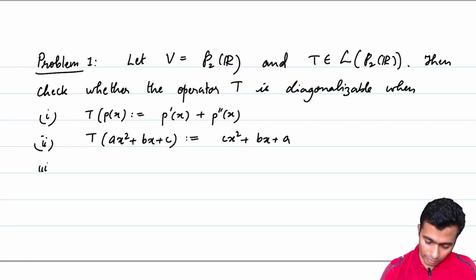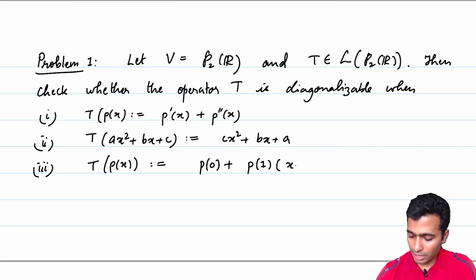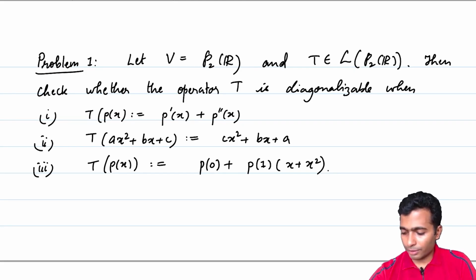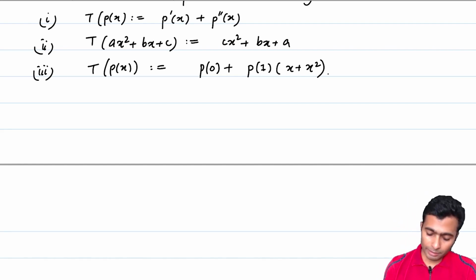And how about the third one? The third one is just T of P of x, the evaluation of P at 0 plus the evaluation of P at 1 times x plus x square. Okay, so we'll check whether these three linear operators that are just given are diagonalizable or not.